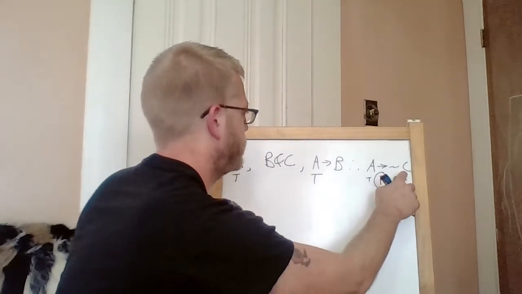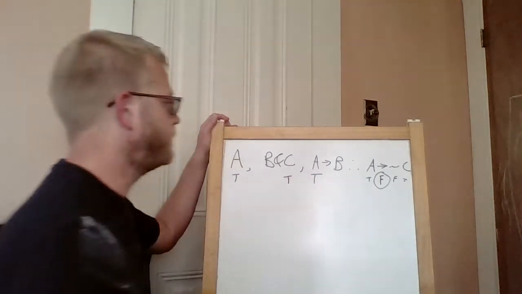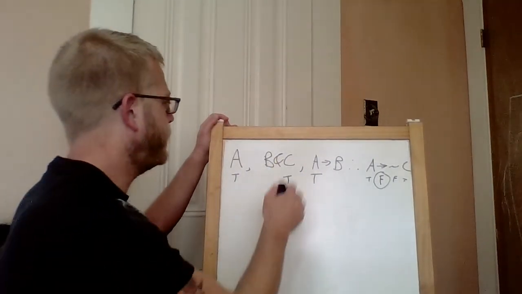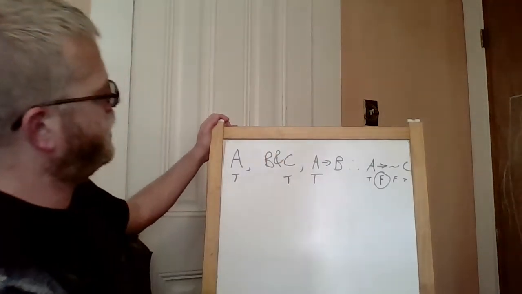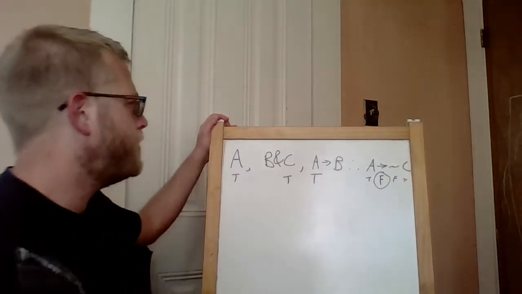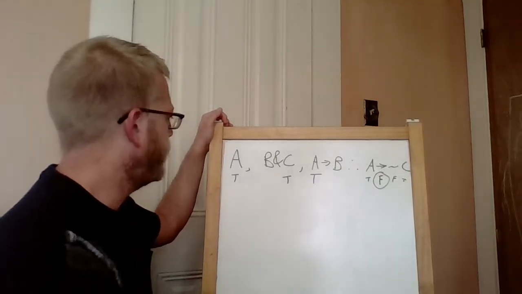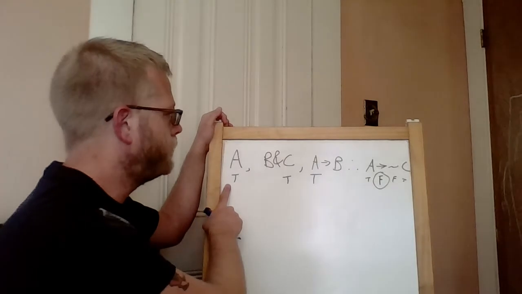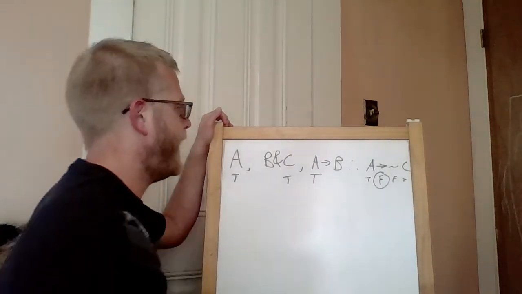So let's transfer that truth value to right here for C. My ampersands are terrible. Okay, so now what do we need to do to make these premises true? Well, it's pretty easy. The first premise is already true, just by stipulating that the antecedent is true over here, which is an A over there.